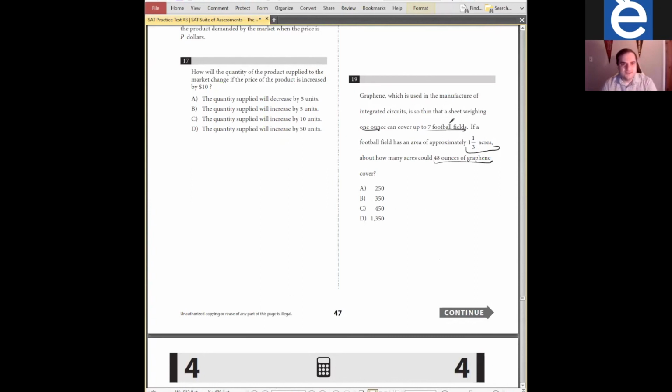All right. So 1 ounce can do 7 football fields, and each football field has an area of that, right? So 1 ounce to 7 football fields. So 7 football fields would have, I'm just going to convert that to a fraction. So that would be 28 thirds.